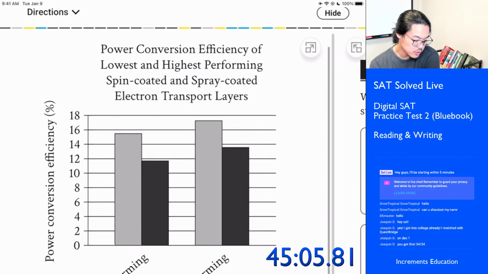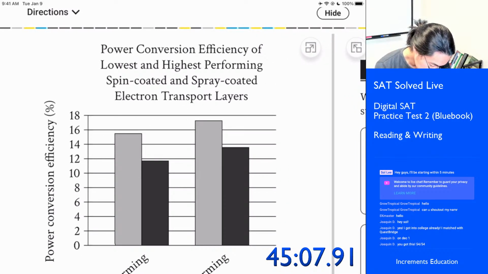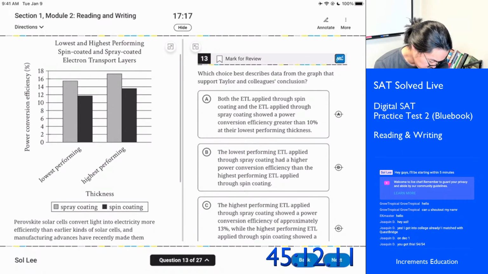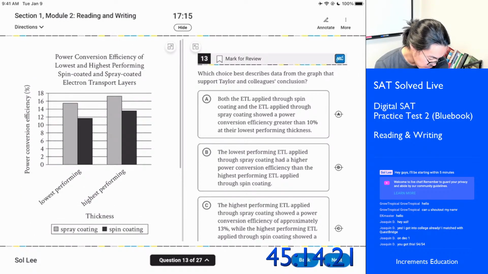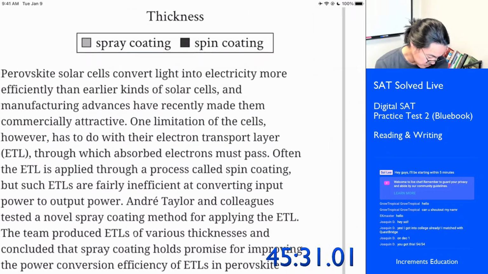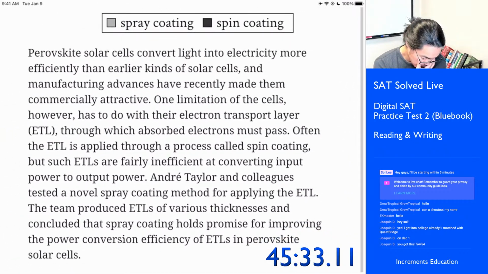Okay, power conversion efficiency. Highest performing ones were spray coating. Spray coating is better than spin coating as far as we can tell. The lowest performing spray coating was still better than the highest. Solar cells.